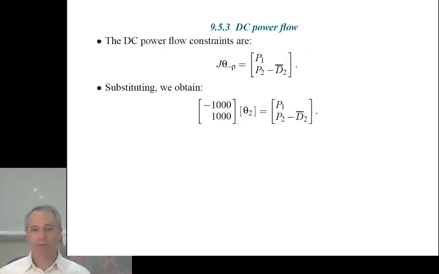Consequently, the DC power flow constraints are J, that matrix, times theta minus rho is equal to the corresponding injections at bus 1, which is P1, and the net injection at bus 2, which is P2 minus D overline 2. If we plug in J and observe again that theta minus rho is theta 2, we get these power flow equality constraints.